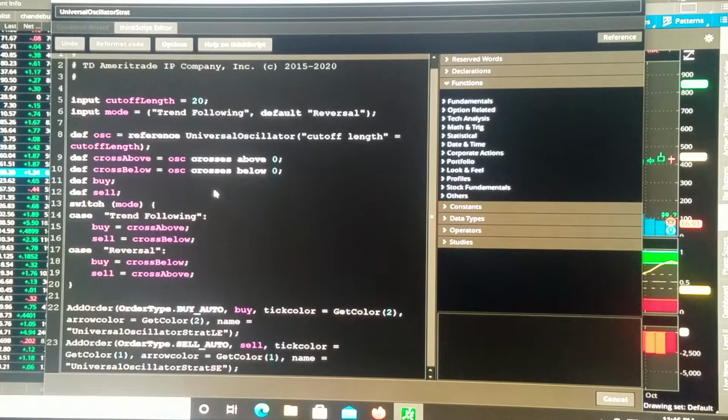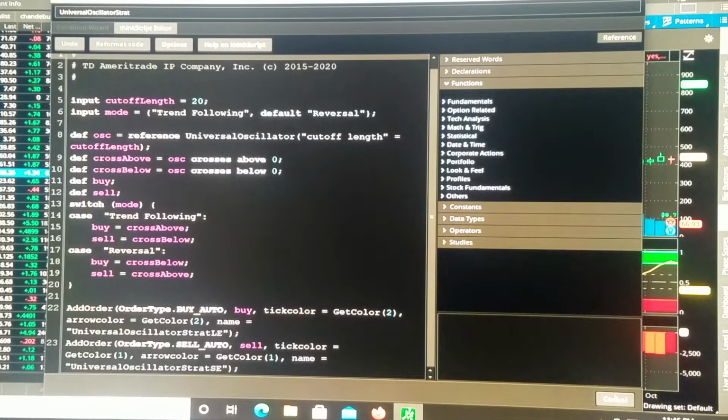Trend following, reversal. Simple code, very simple code to follow. You really don't find many that you can just read right through like that, and have your buy auto, sell auto.